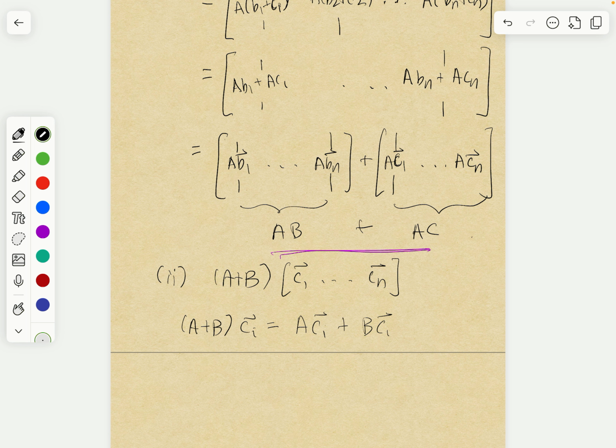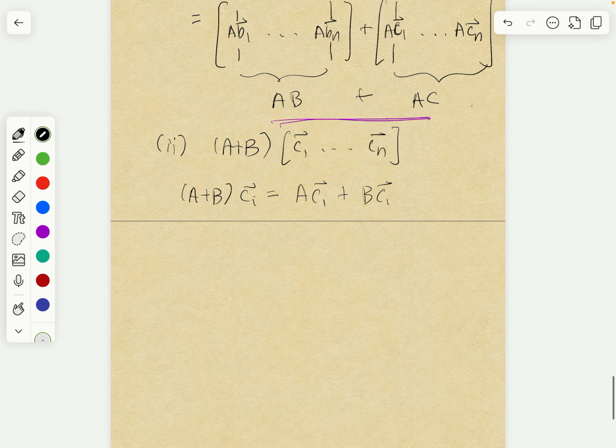That's a property you can probably just check directly, right? If you have two matrices and you add them and then multiply by a vector, why is that true? Okay, let's just check that that's true.